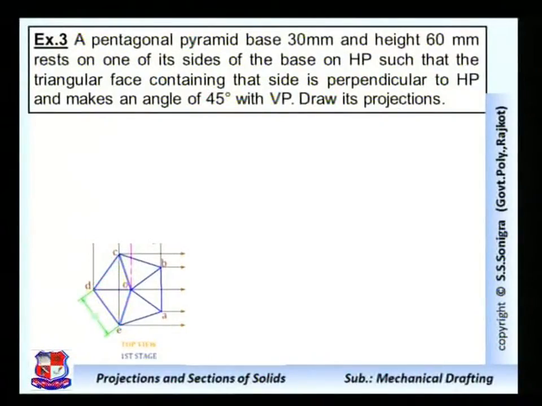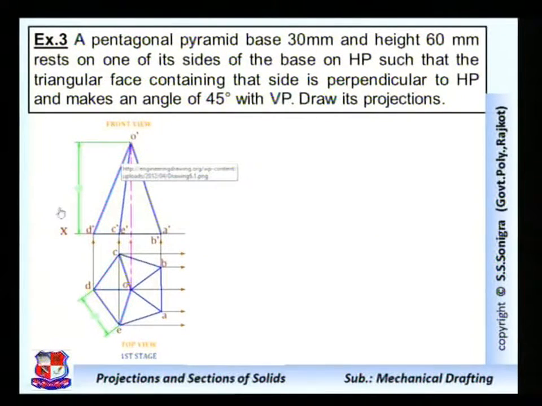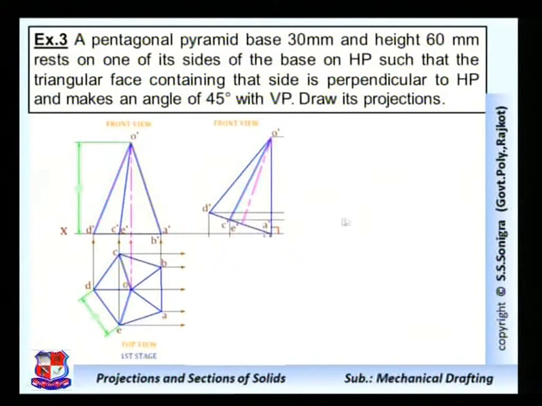You can see the solution of this problem. This is the top view. What we have done in this problem: first we have drawn this top view, then this front view, height is 60 mm, side length is 30 mm. Then we have tilted this front view like this, such that A dash C dash O dash becomes perpendicular to xy line.